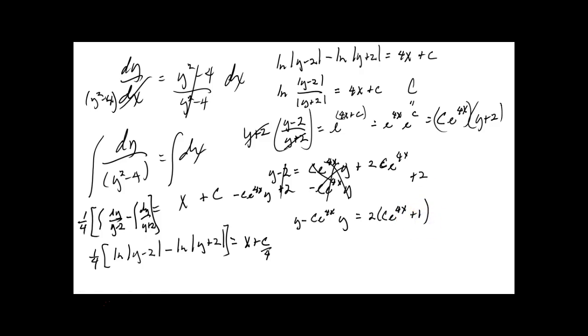Okay. Let's factor out a y here, and let's rearrange the order a little bit. We want 1 minus C e to the 4x, is equal to that stuff. And then divide both sides by this.